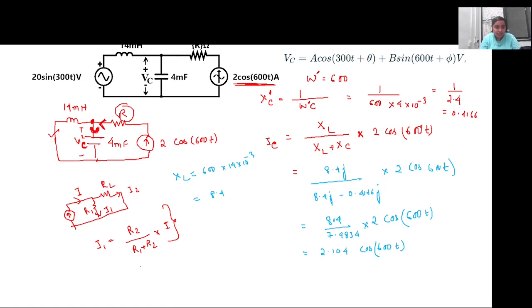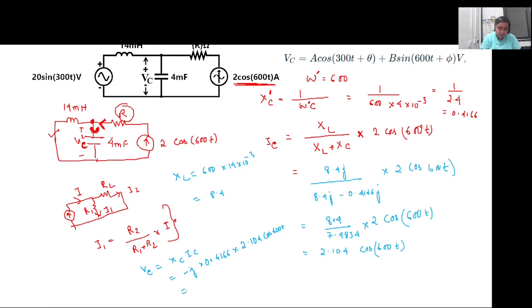So VC is equal to XC into IC. What is XC? It is minus j into 0.4166, and IC is 2.104 cos of 600t.